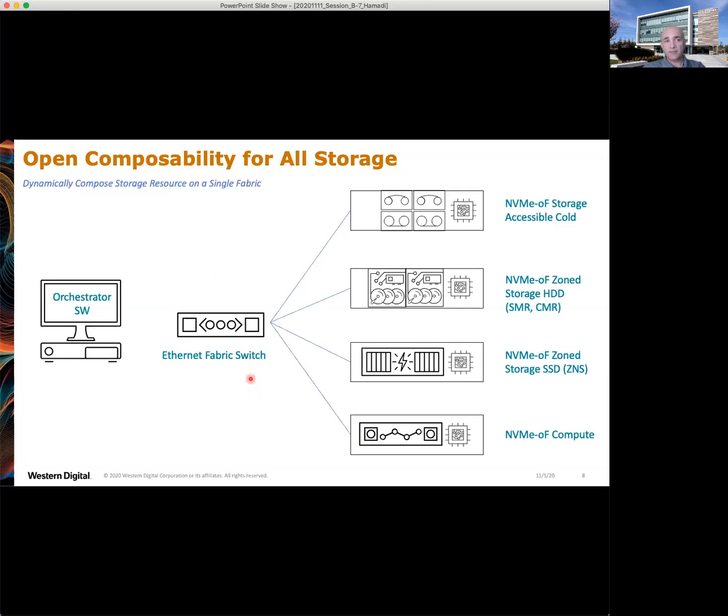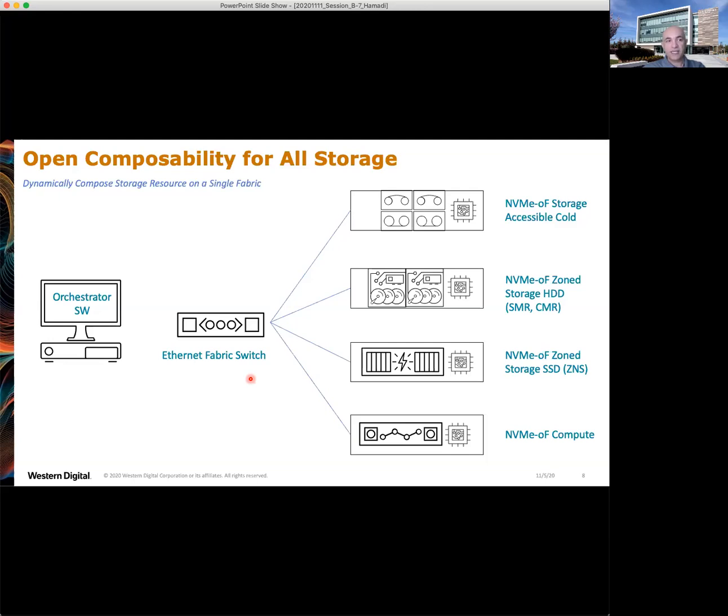So disaggregated elements will include compute as one type, represented by servers with architectures really of your choice. And then we've got shared accelerated storage that is flash-based with ZNS for control over data placement, true multi-tenant isolation, all the way down to the low-level flash constructs, noisy neighbor issues hopefully going away in many of these cases, all accessible within a single Ethernet-based storage fabric.